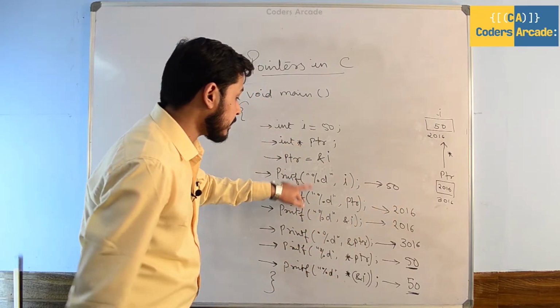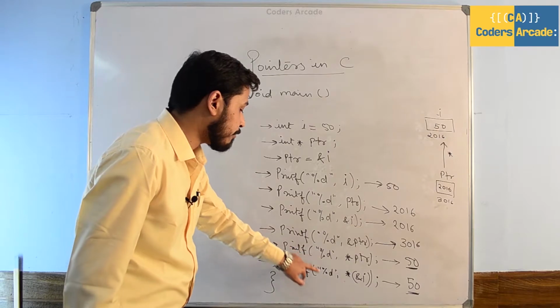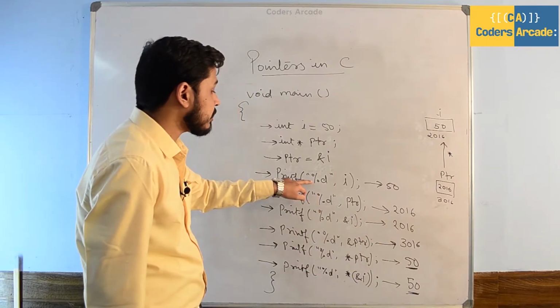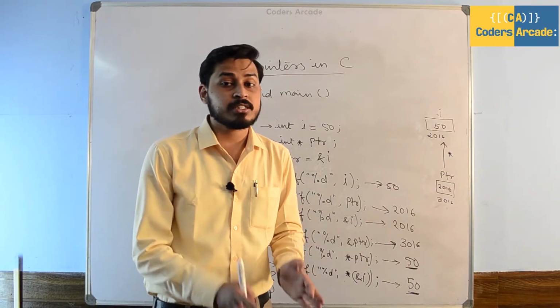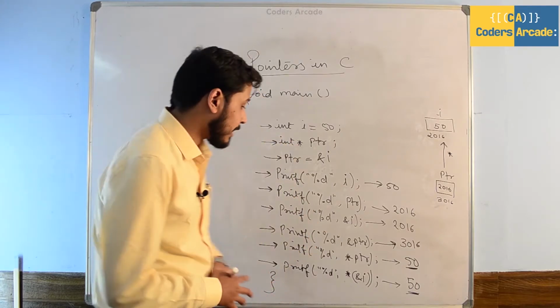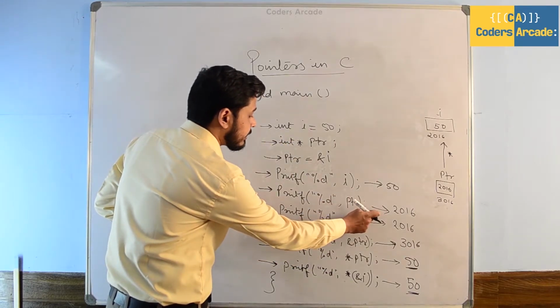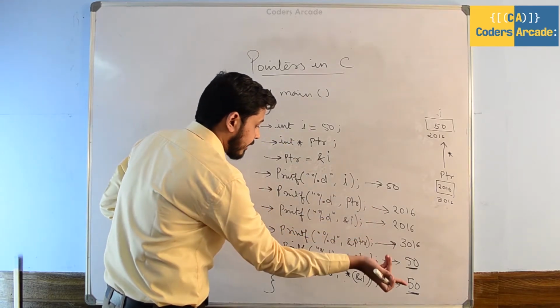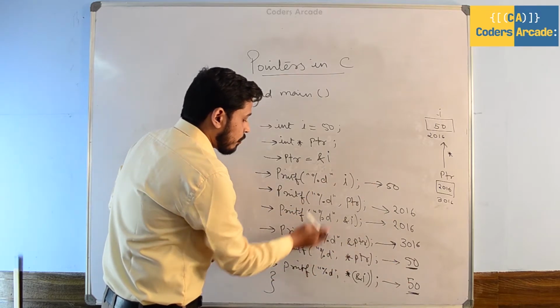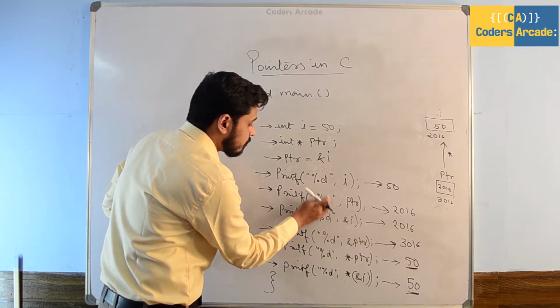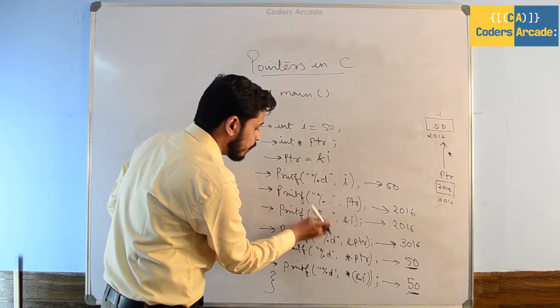But here we are using %d in every print statement. %d can return both negative and positive values. So whenever we are printing the address of the pointer, the address of the memory location, we should always use %u.